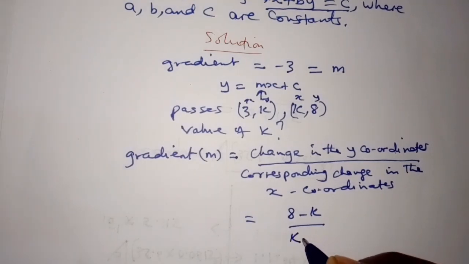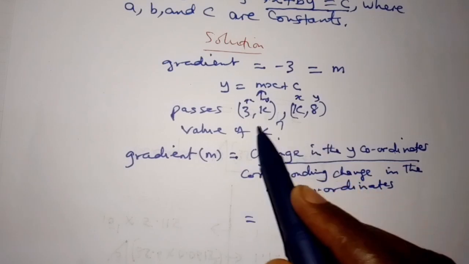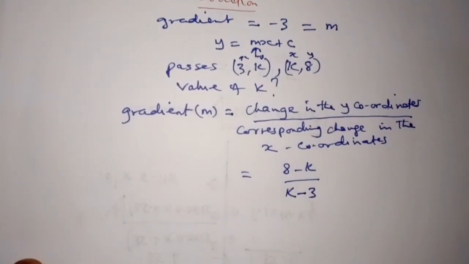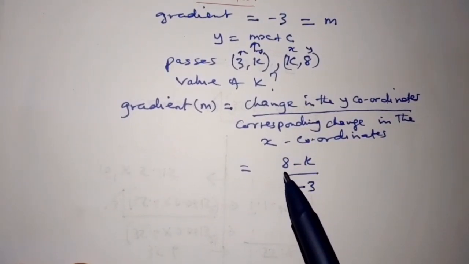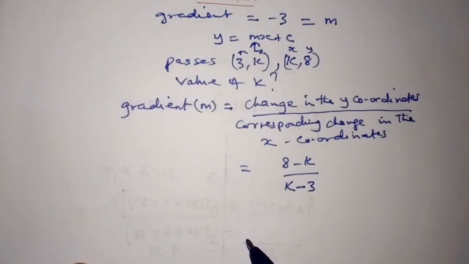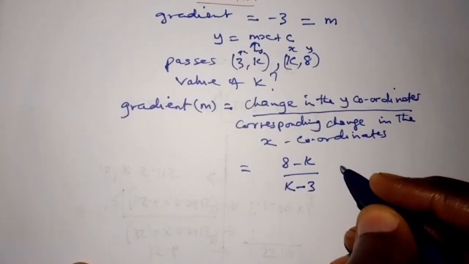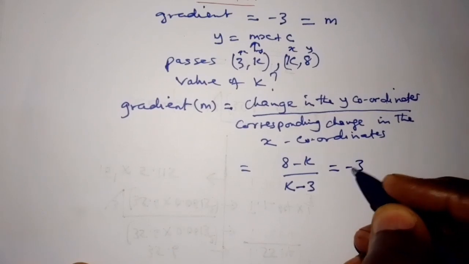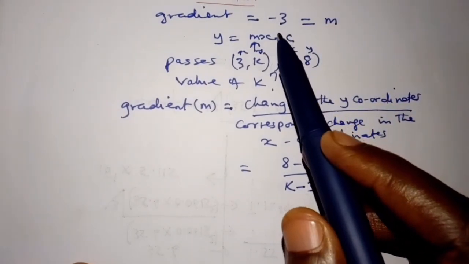So this is the gradient of this given line, and this is going to give us -3.